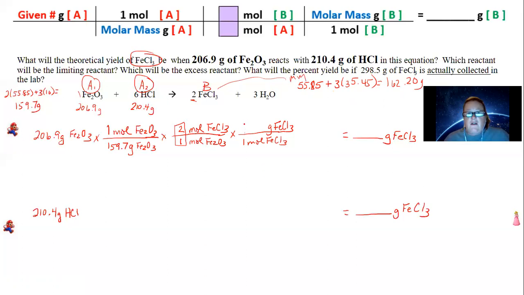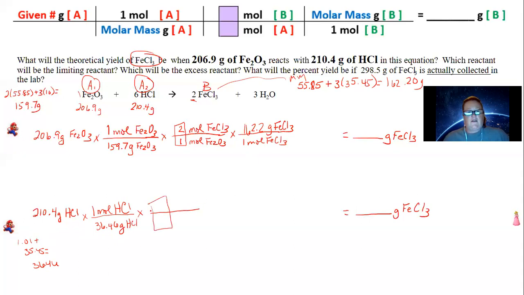So 162.2 grams. Okay. On the bottom, I'm going to wait to do the math for just a little bit. On the bottom, with my new A, I have 1 mole of A, which is HCl. It has a mass of 1.01 plus 35.45 is 36.46 grams of HCl.